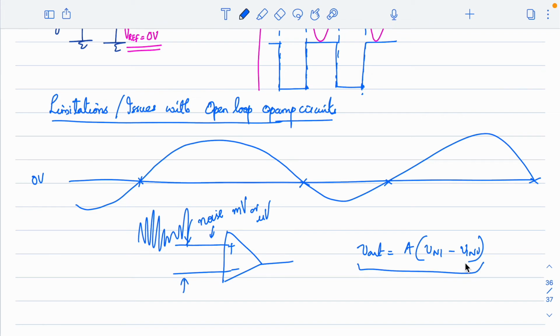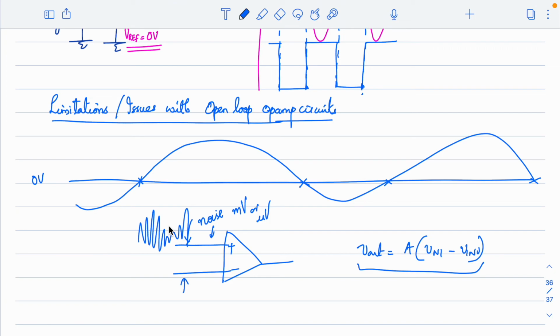So there will be random fluctuations between plus Vsat and minus Vsat. It is actually detecting zero crossings even for the noise signals, along with the input signal.